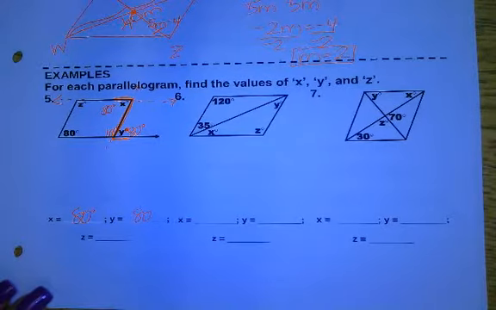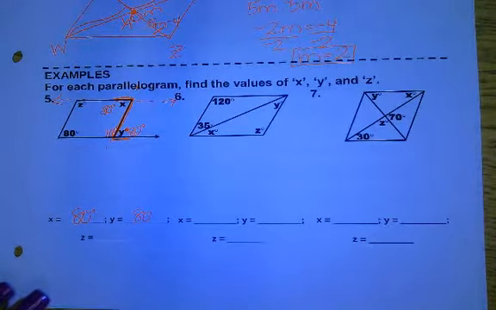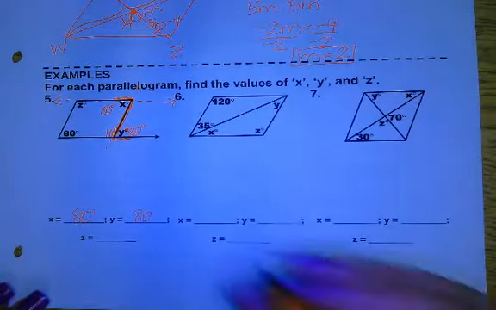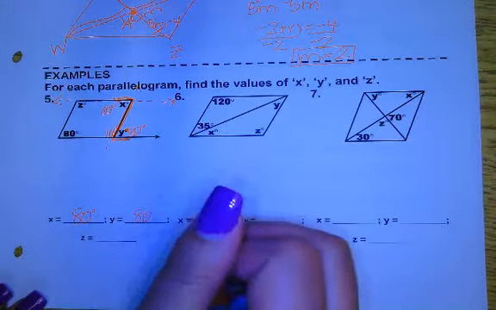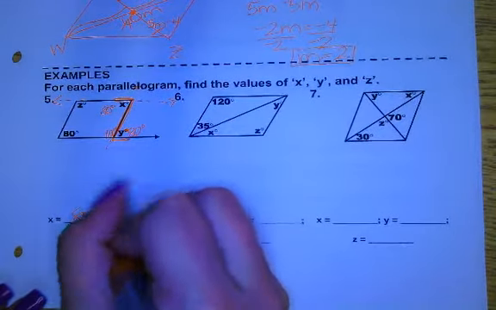So x and y had to be congruent as well. And that leaves z to equal what? 100, because again, opposite angles have to be congruent.